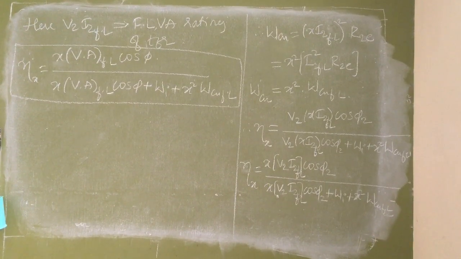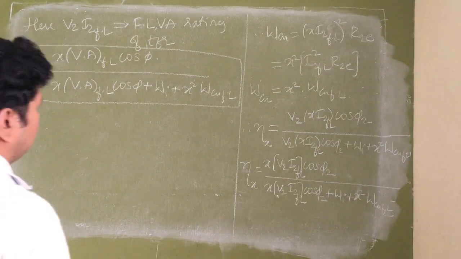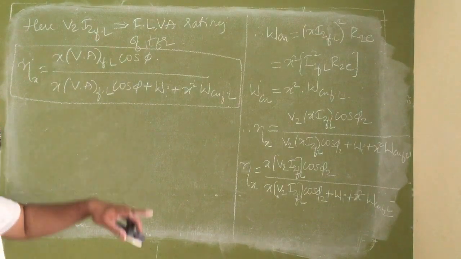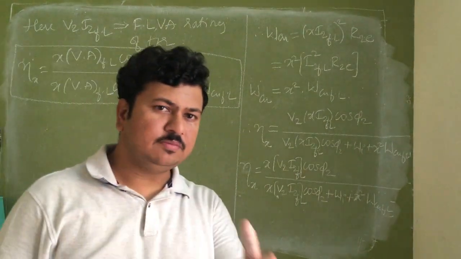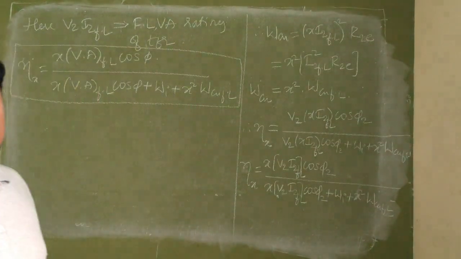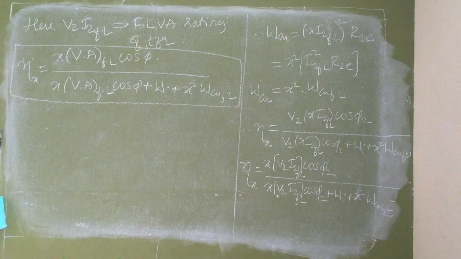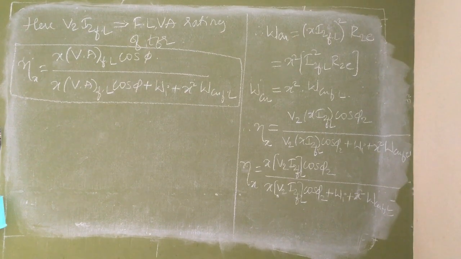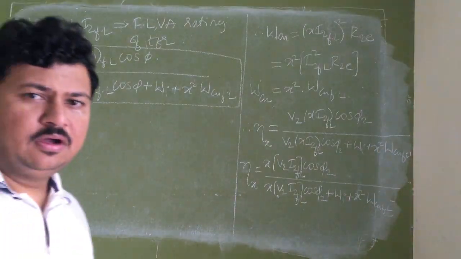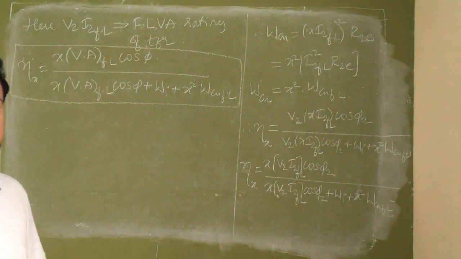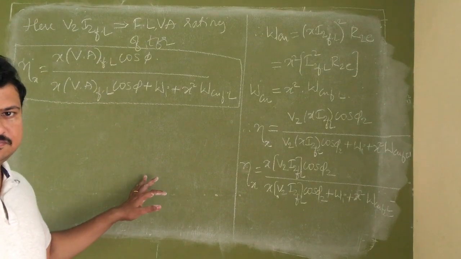This derivation is not present in the PMC textbook, so please mind it, anybody who is referring to the PMC textbook. In PMC there is only the condition for maximum efficiency, and the load factor for maximum efficiency is derived.